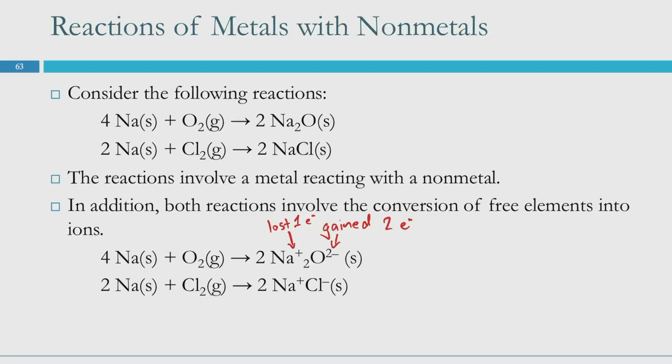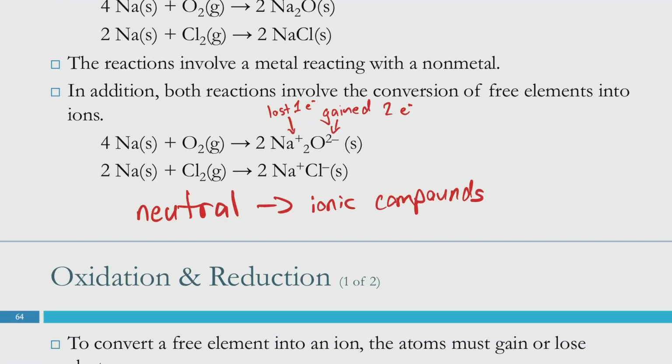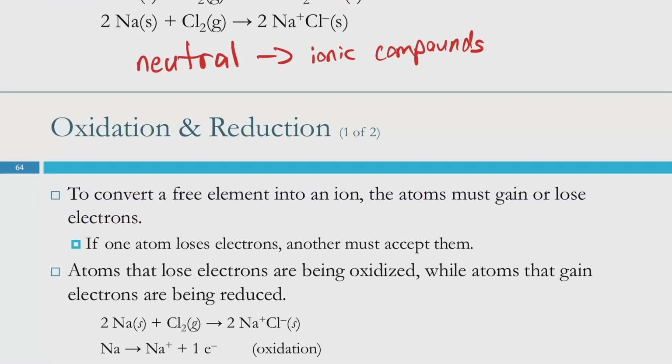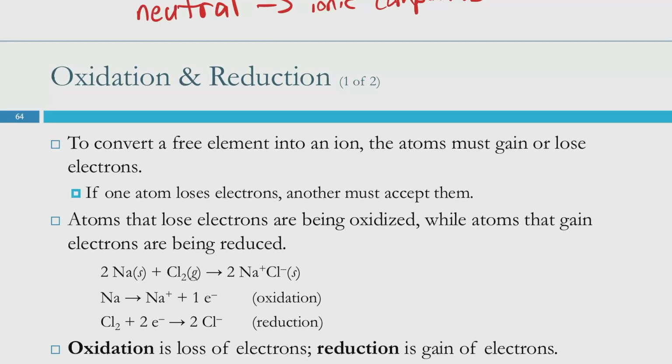We've got neutral things going to produce ionic compounds. In order for those free elements to turn into the ions, they have to have gained or lost electrons.